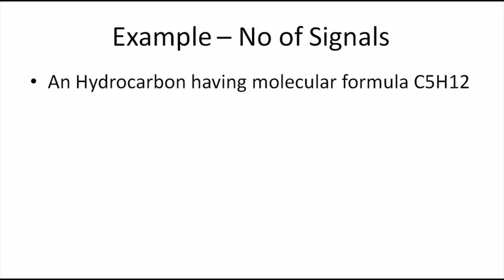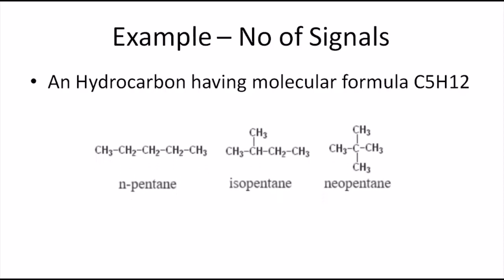What can the number of signals do for you? Take an example of a molecule with formula C5H12. There are several isomers possible for this formula. Which spectrum will distinguish between those? You can see here, this is n-pentane, isopentane, neopentane.